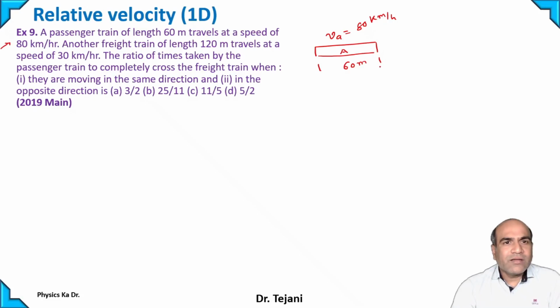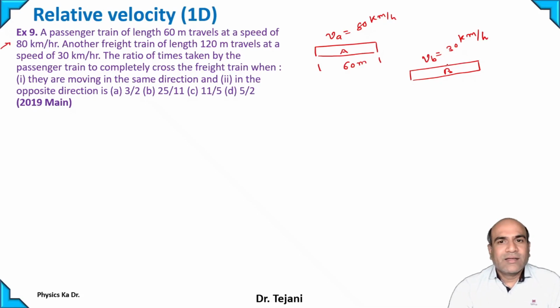And another freight train of length 120 meter travels at a speed. Let us assume there is one more train, B, which travels at VB equal to 30 kilometer per hour.